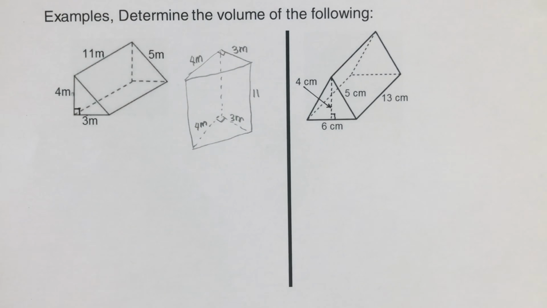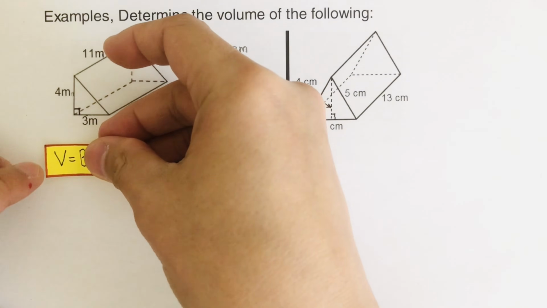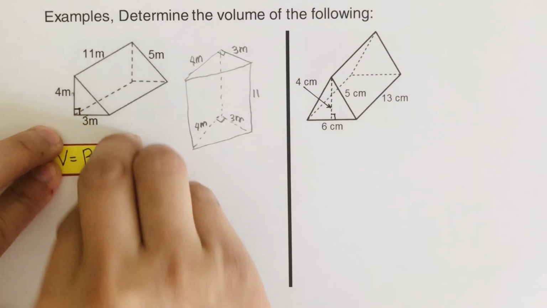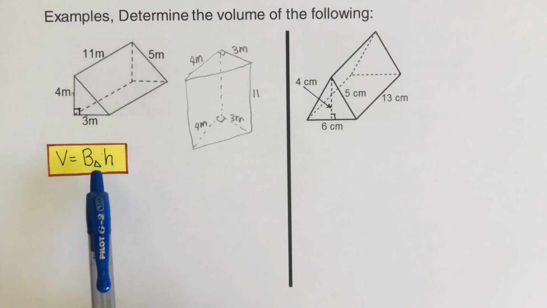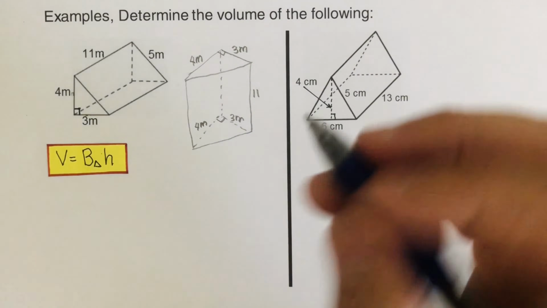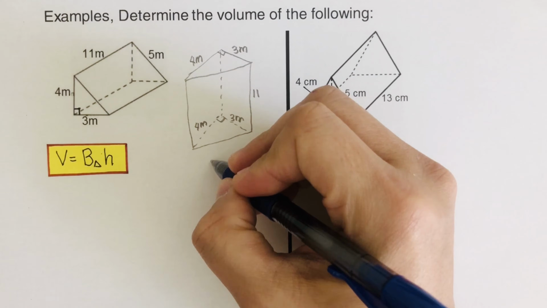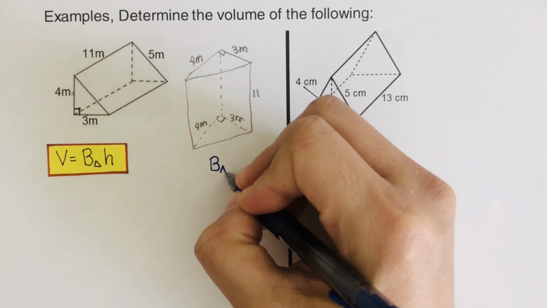So we're going to solve for the area. So we have here, by the way, the formula for the volume. That is, volume is equal to the area of the triangular base times the height. So the first thing that we need to do is to find the area of the triangular base.